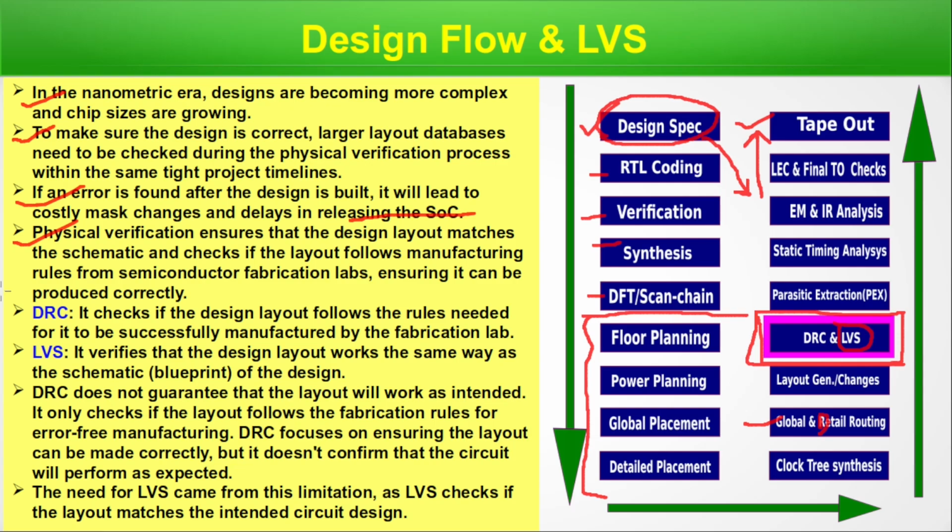These are the unchangeable rules set by the foundry. These are basically design rules. In the DRC step, we check whether the layout we have done is following those guidelines. We cannot break any of those rules, otherwise it will create problems during manufacturing.